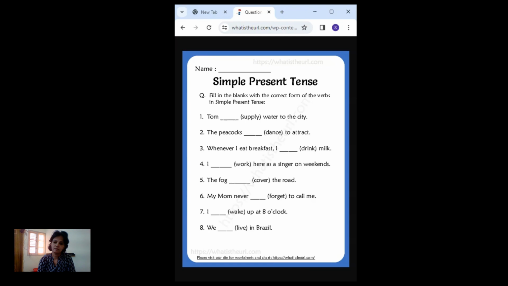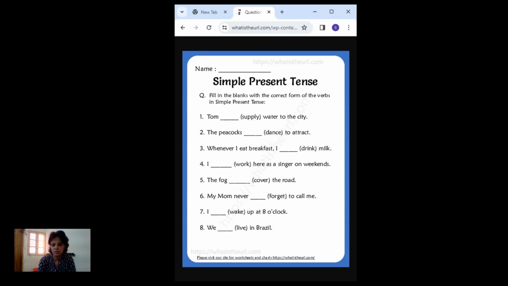And one more thing, when we use simple present tense, if the person or thing is singular, for example he or she, for both we add es at the end of the verb.